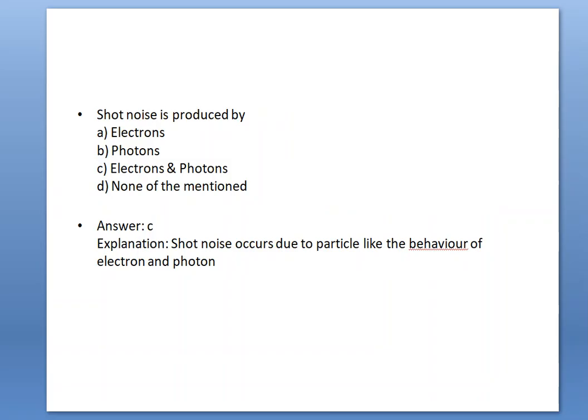Next bit, based on shot noise. Shot noise is produced by electrons, photons, electrons and protons, or none of the above. The answer is C. It can be produced by both electrons and protons. So that's why we call this the electronic noise that can be formed in non-linear devices.